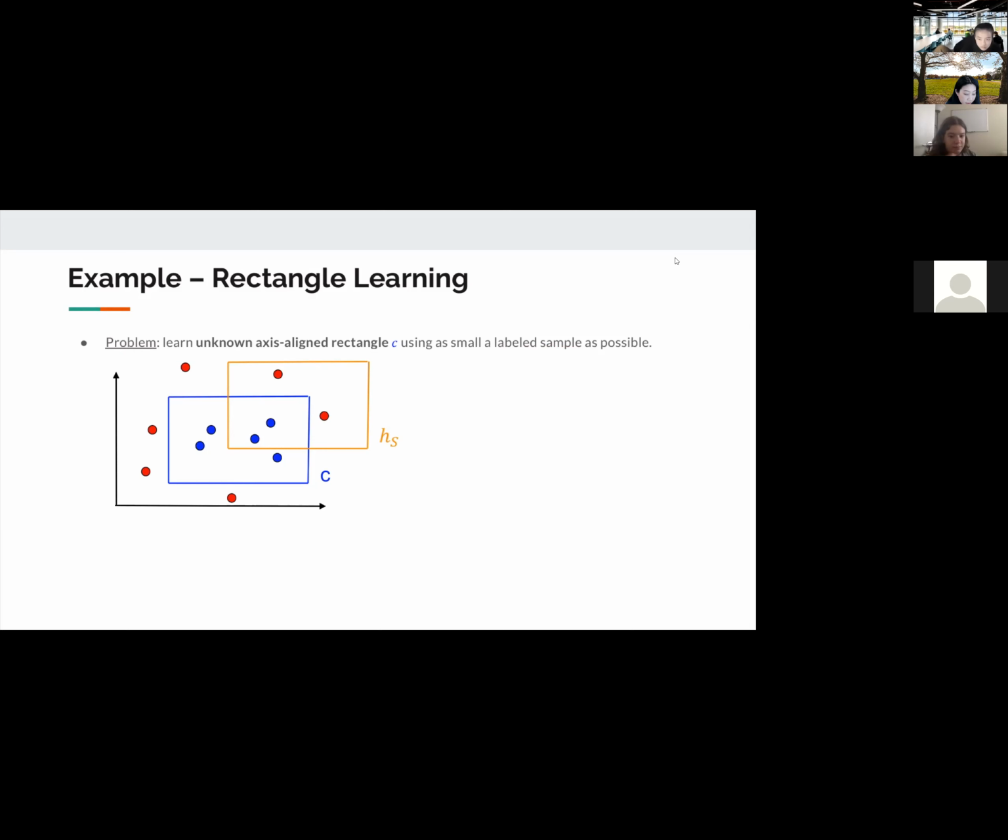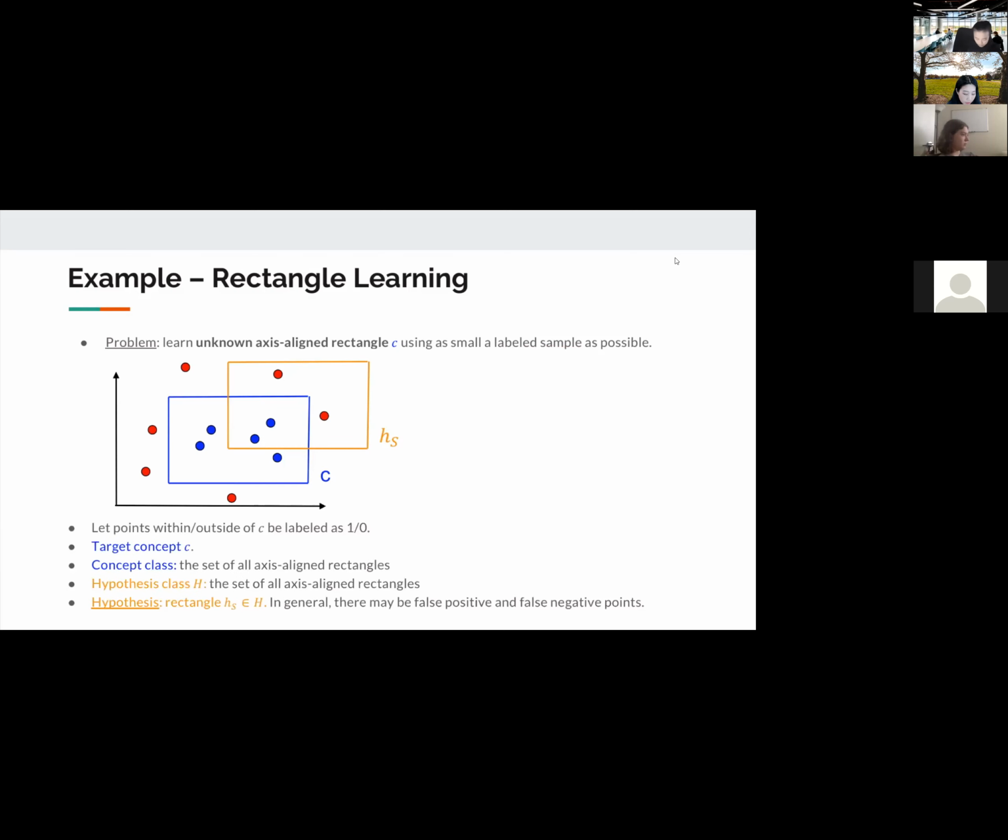It is any axis aligned rectangle, right? My target concept is one of those, but my concept class is the collection of the axis aligned rectangles. But let's now focus on learning one of them. Let's say the target concept is C. Then the points within C are labeled as 1, so they're positive, and the points outside of C are labeled as 0.